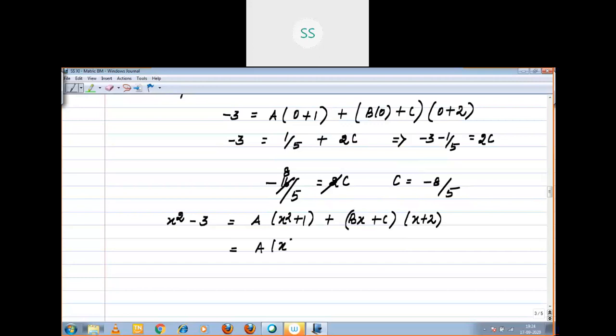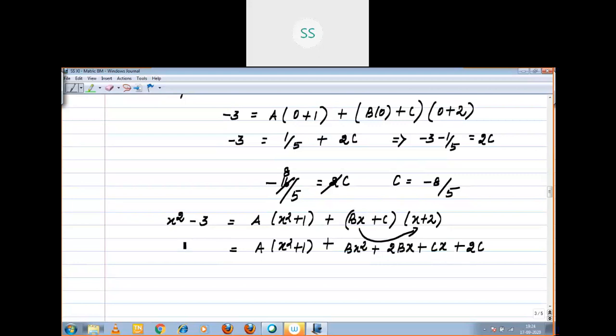Now a into x square plus 1, plus, using x and multiplying, bx square plus 2bx plus cx plus 2c.